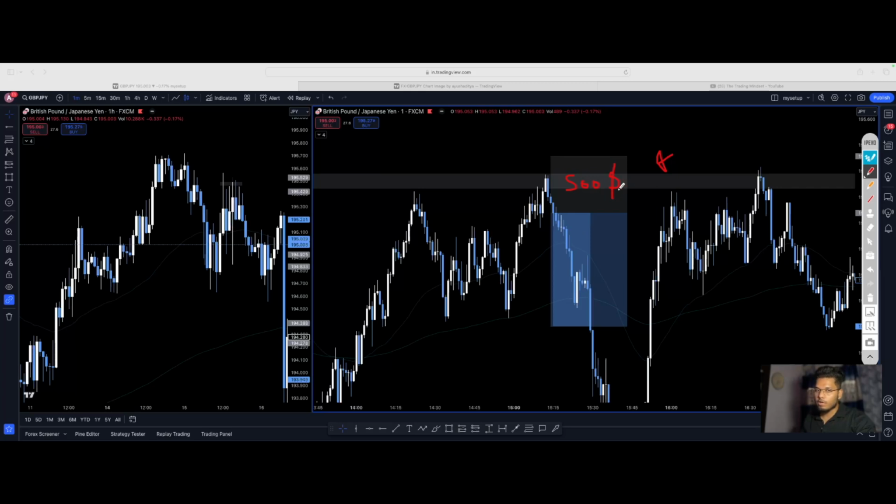This is my 1 hour because this is my risk, and I am aiming for my 2 hour reward, which is this. 2 hour means twice the multiplication of what I risked, right? So in this case, I risked $500 to make 2 hour, which means twice of 500. Then I am risking $500 to make $1,000, and that is my reward.